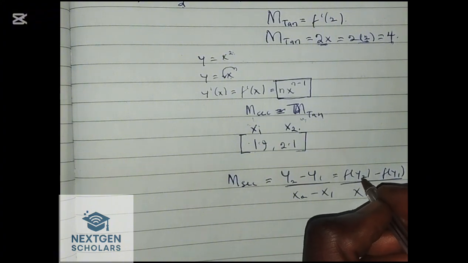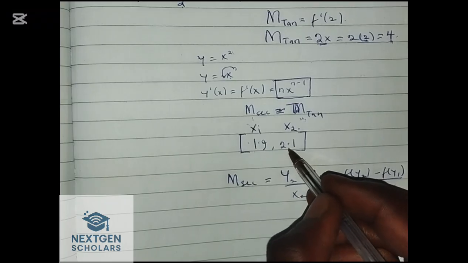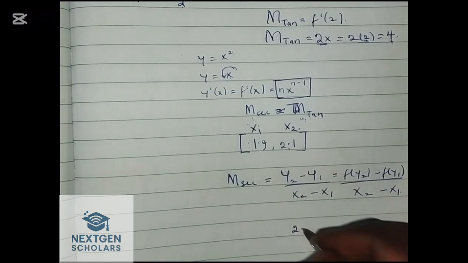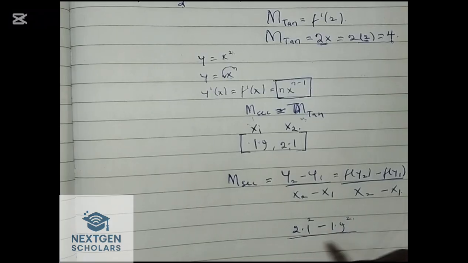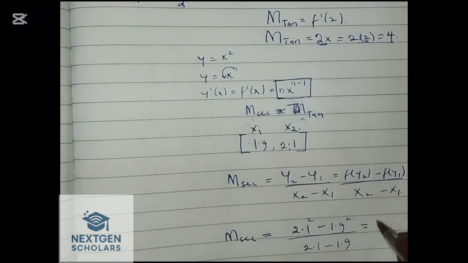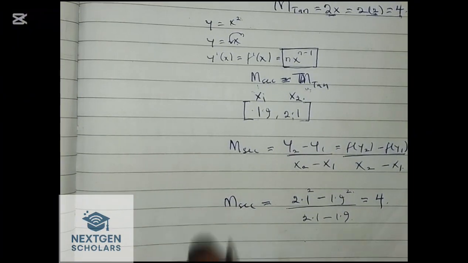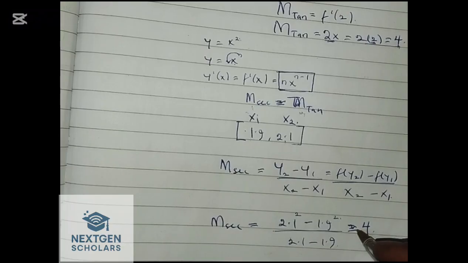Your y2 is 2.1 squared, while your y1 is 1.9 squared, all over 2.1 minus 1.9. If you do this, the answer you get will be 4. So m sec is approximately equal to 4.